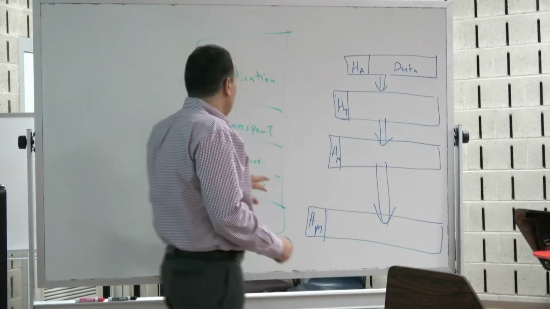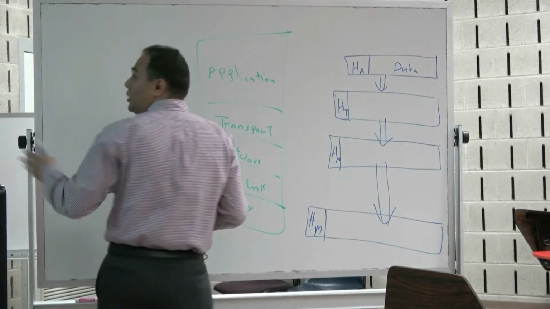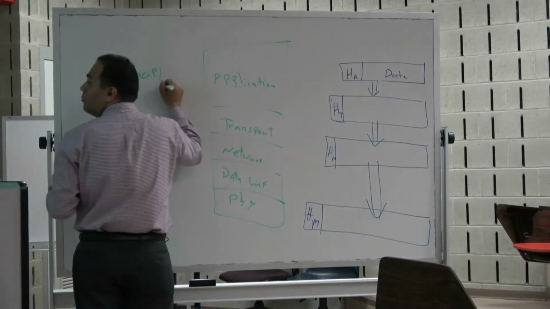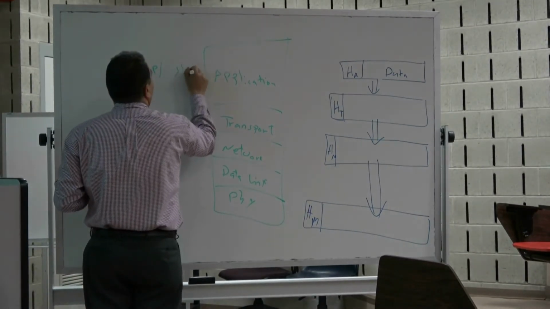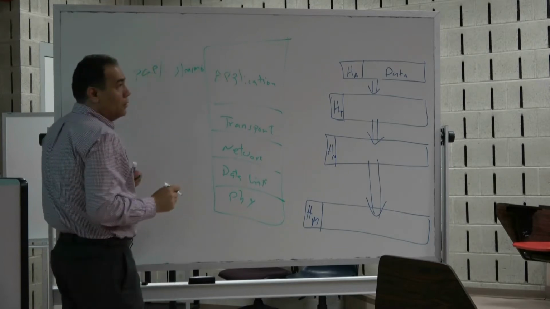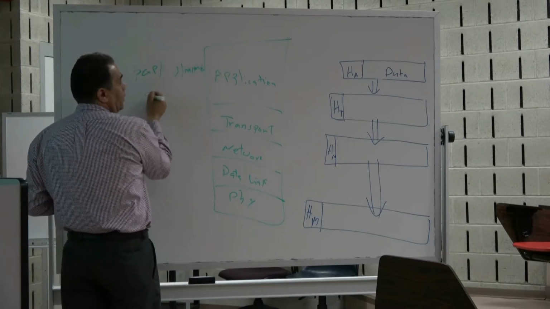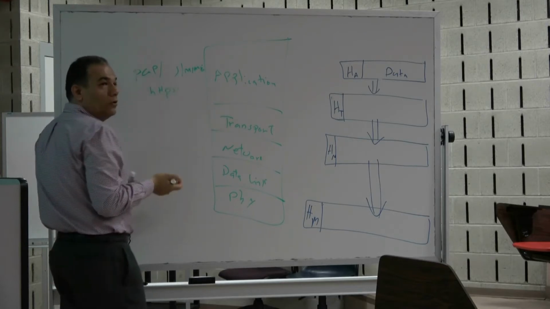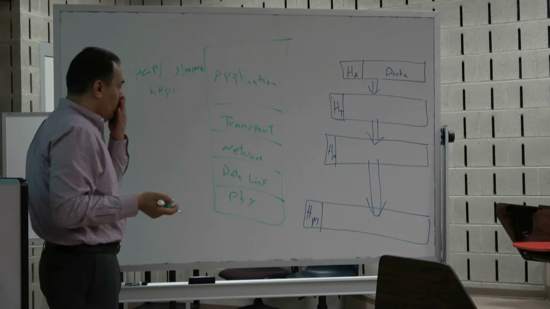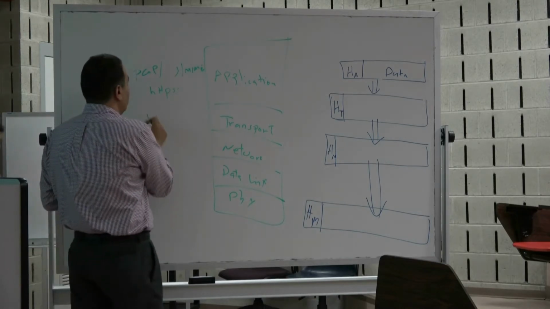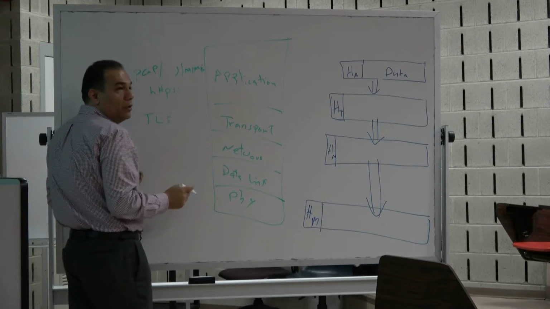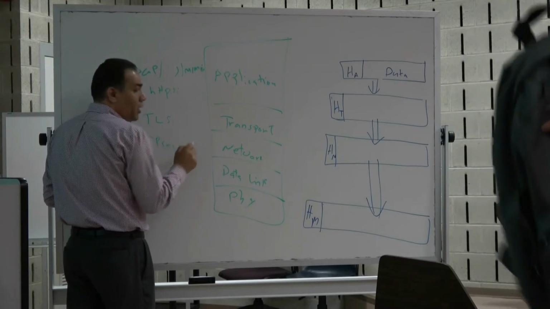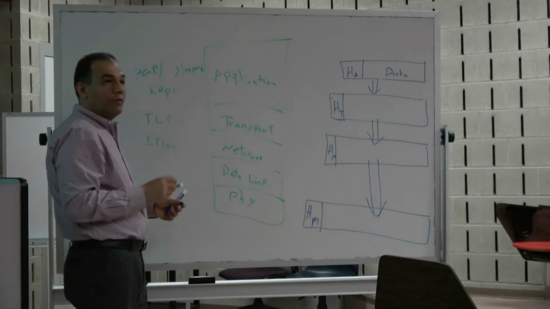For example, in the application level there are 2 examples here: PGP for mail, or S/MIME. Then we have HTTPS, secure HTTP, in the transport layer to have TLS, for example. In the network layer you have IPsec, secure IP for tunnels, and so on and so forth.